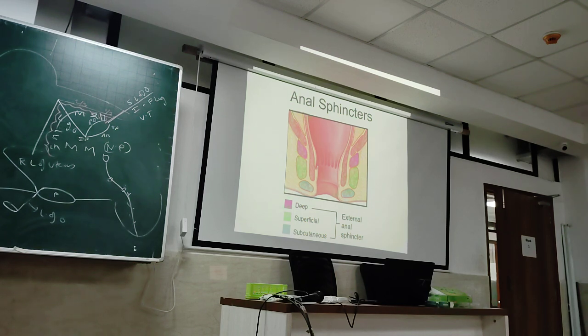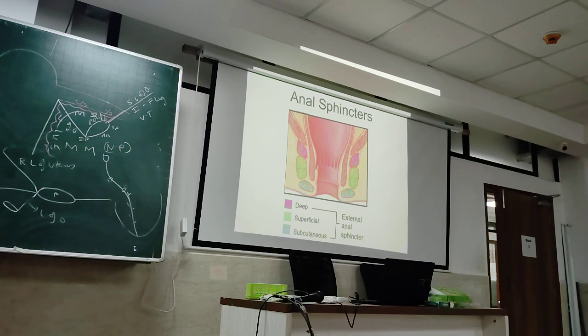Just to clarify, you can see sloping from the sides above is the pelvic diaphragm. That is the cutoff point between rectum and anal canal. And below that sloping pelvic diaphragm, there are three colored muscles.